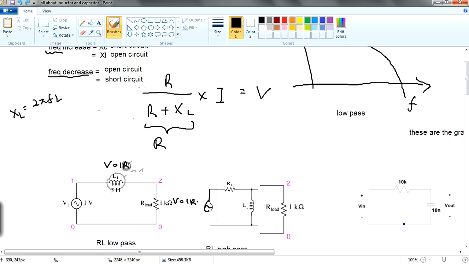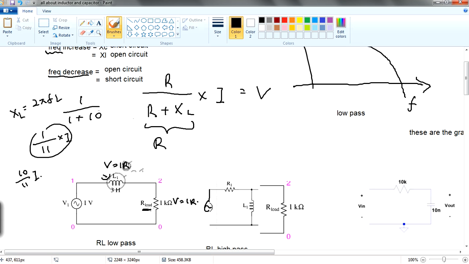If let's put some values in, say R is 1 and XL is 10, it'll be 1 over 11 times I, while the voltage across the inductor is 10 over 11 I, which is 10 times more than your R load.